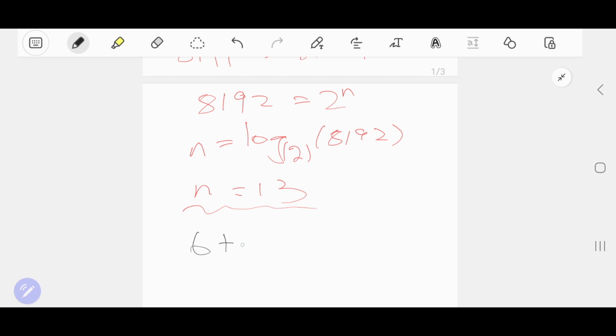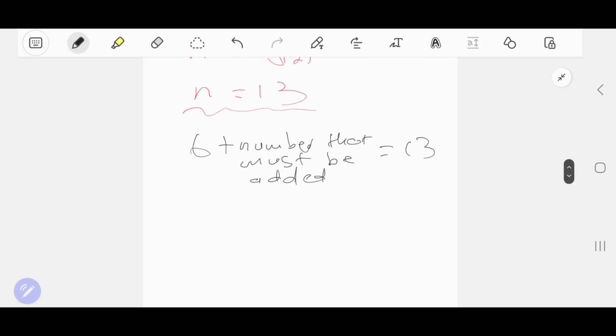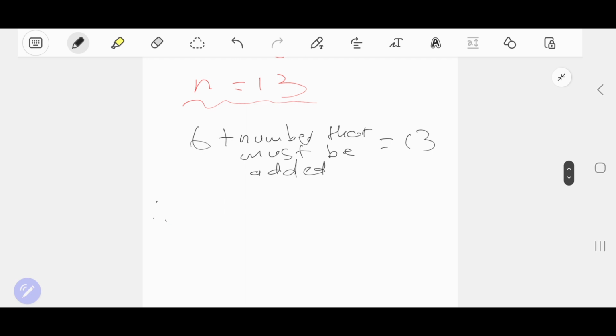plus the number that must be added, and the answer overall is 13. So you're going to say it's 13 minus 6, and then you can see that the answer is 7.